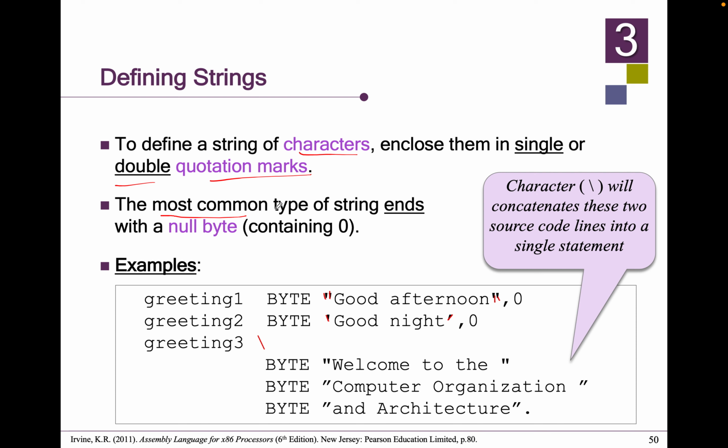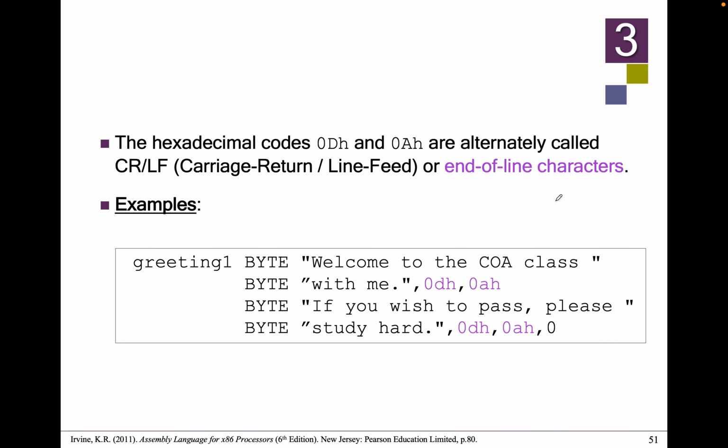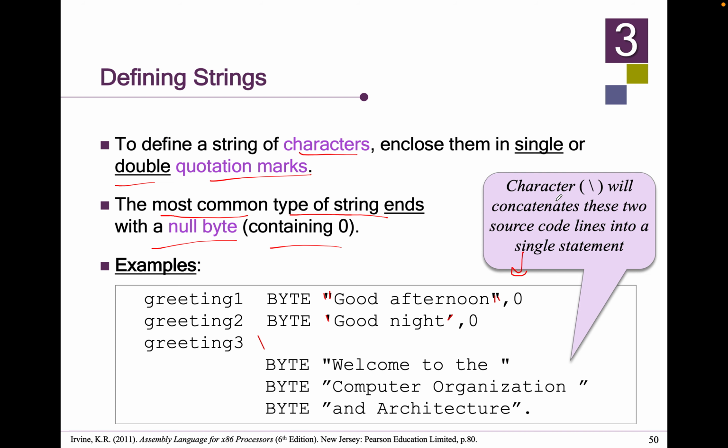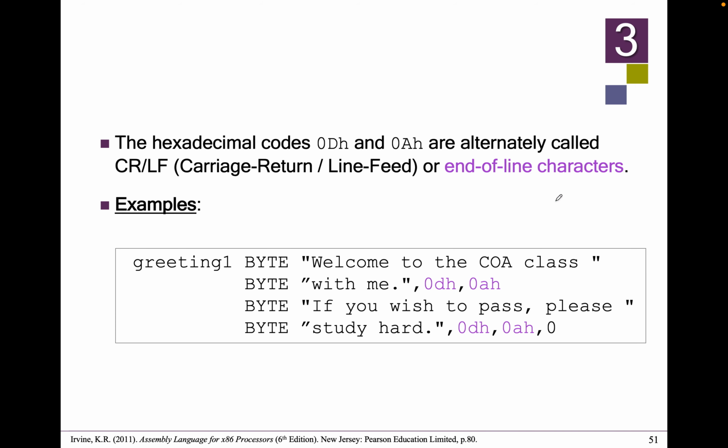And the most common type of string is going to end with the null byte, which contains 0. Okay, this is an example of how you can use defining a string.